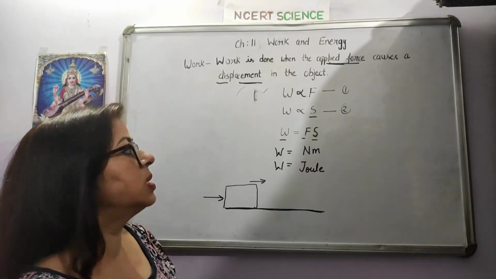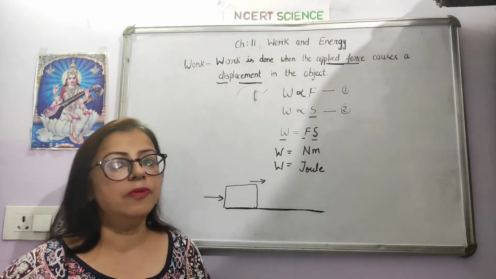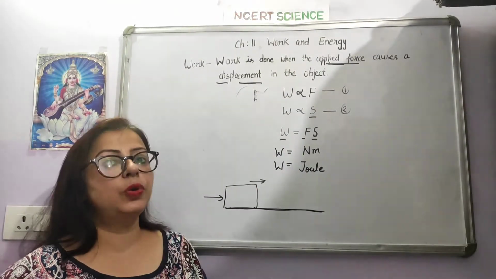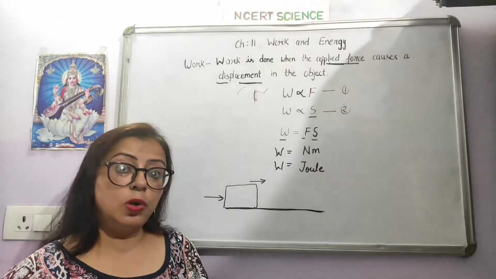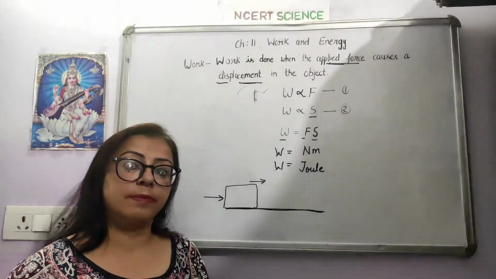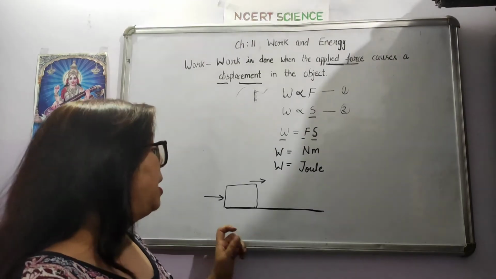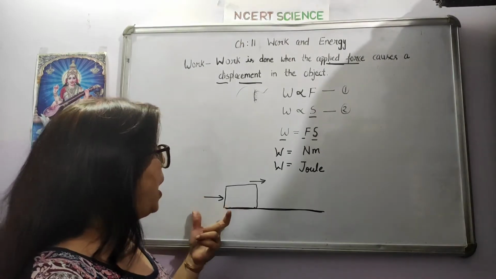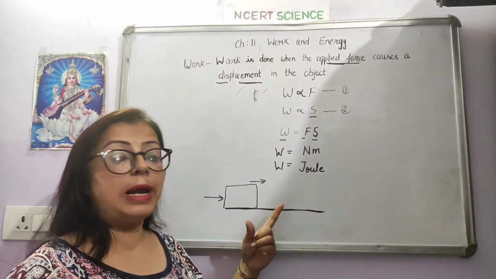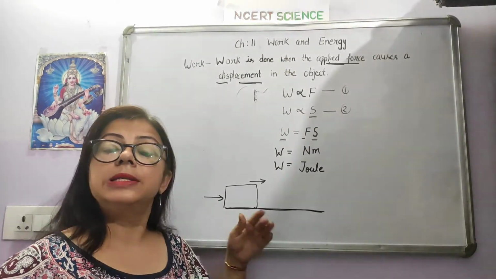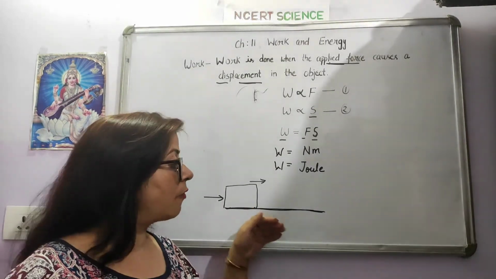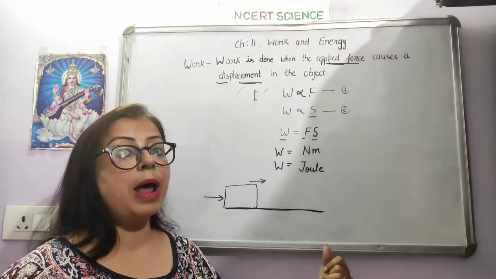So we will use this formula for calculating work. And the unit for work is joule, or Newton meter. Here you can see that applied force and displacement are both in the same direction, the forward direction.